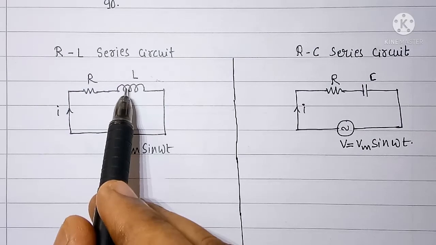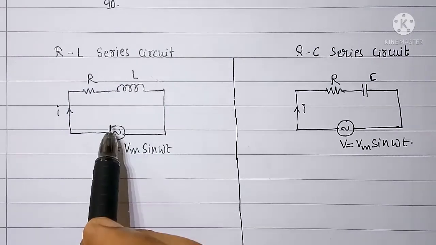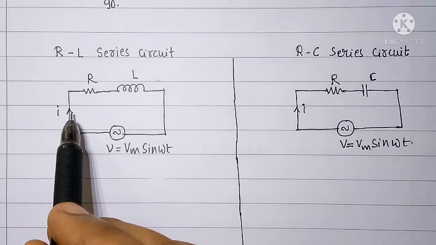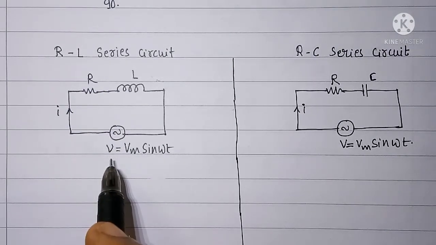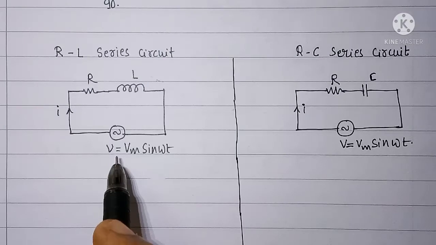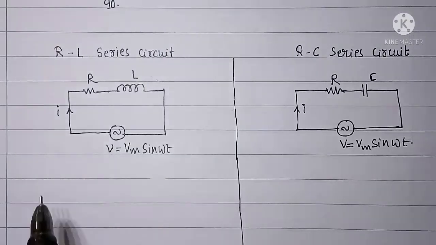When both R and L are there in the circuit, then current in the circuit will be lagging the supply voltage by less than 90 degrees.